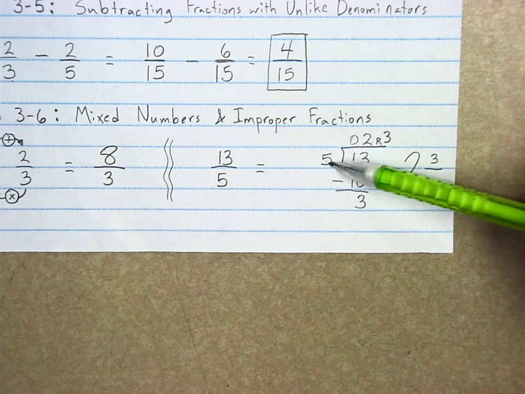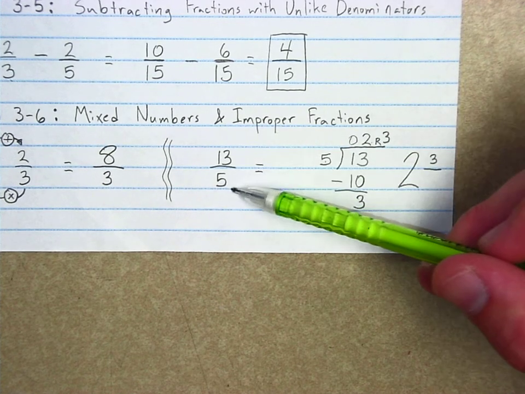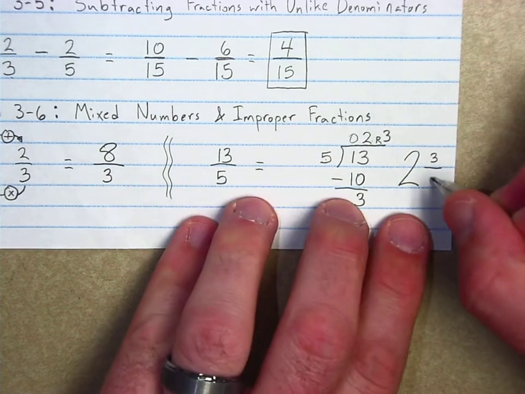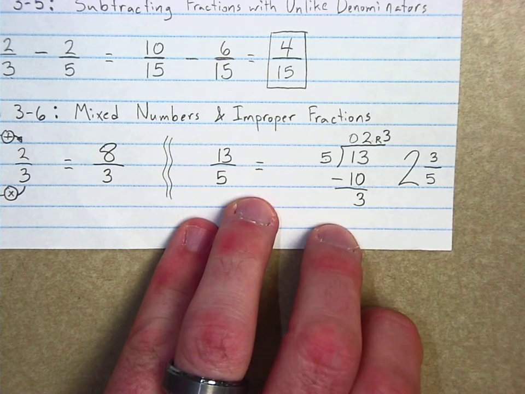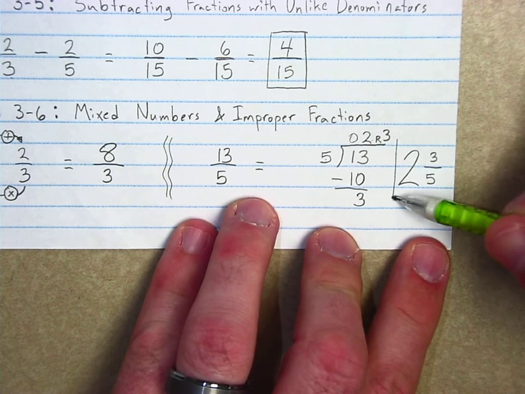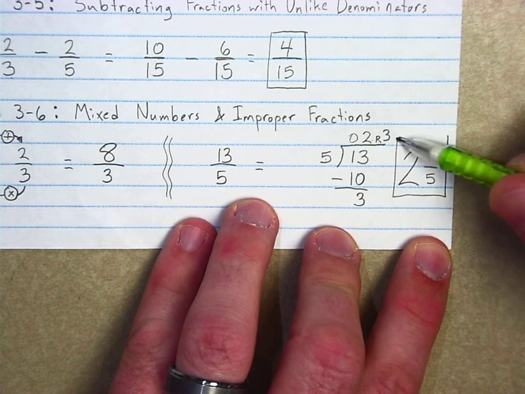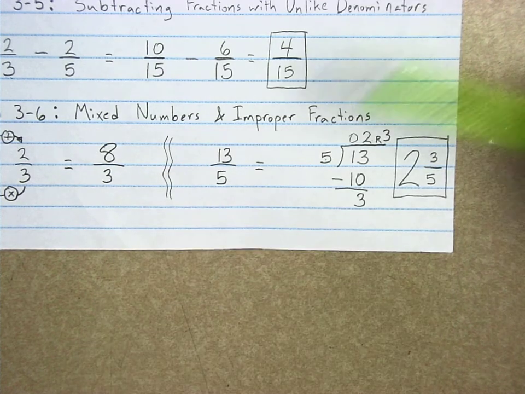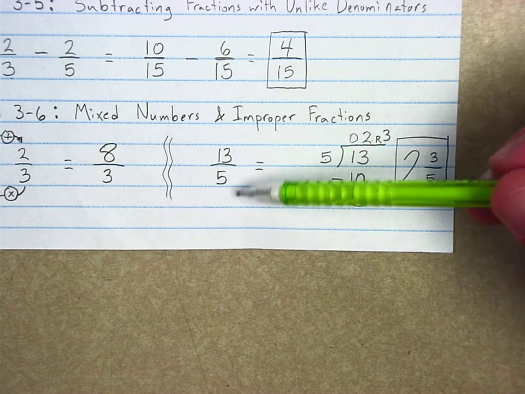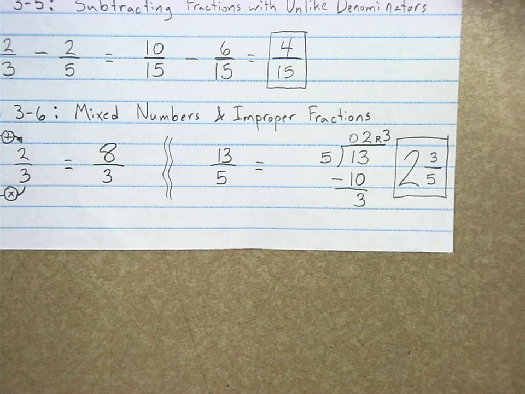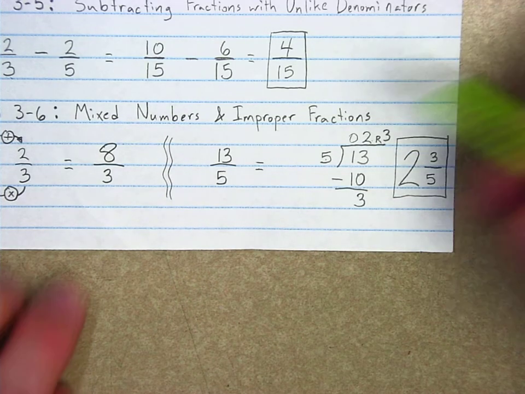The denominator is just the same as the divisor, the same as the denominator before. It was 5 before, so it's 5 now. So 13/5 is the same as saying, well, I have 2 complete sets of 5, a 5 and a 5, that's 10, and then I had 3 of the fifths left over.